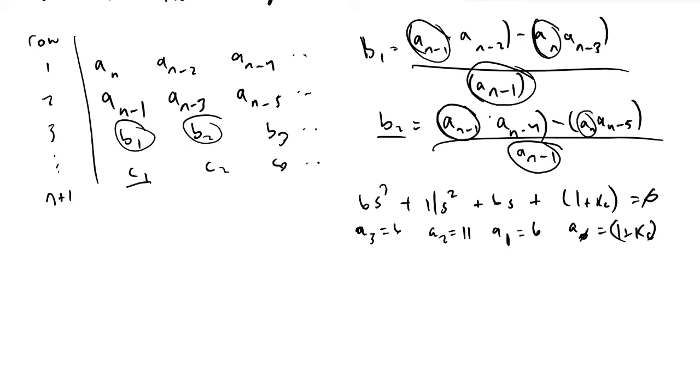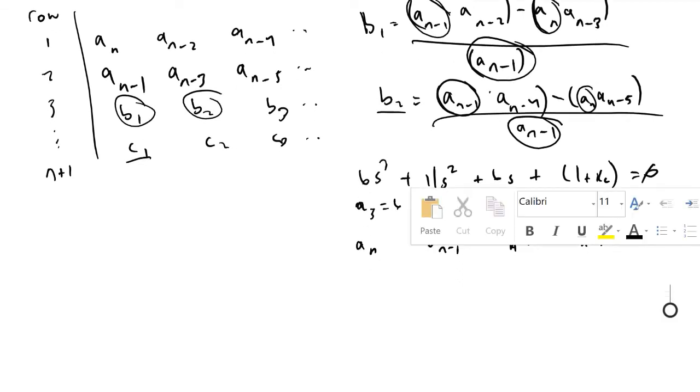And so to also spell this out a little bit more explicitly, we now have a sub n minus 1, a sub n minus 2, a sub n minus 3. And so now we can begin to plug these in and generate our Routh array, like so.